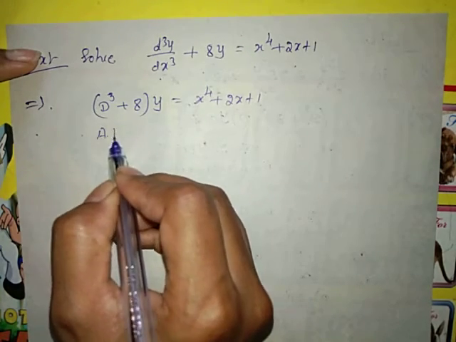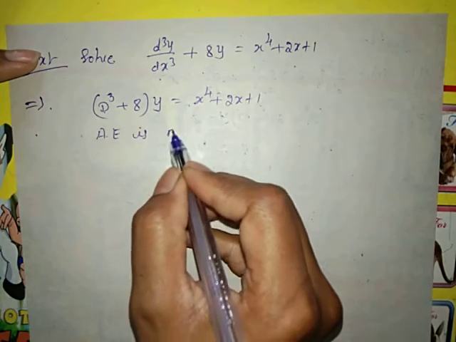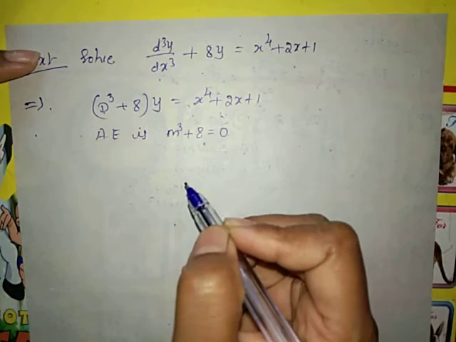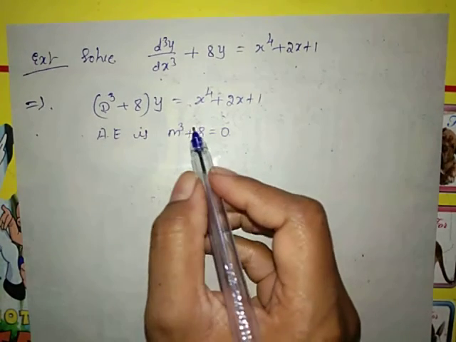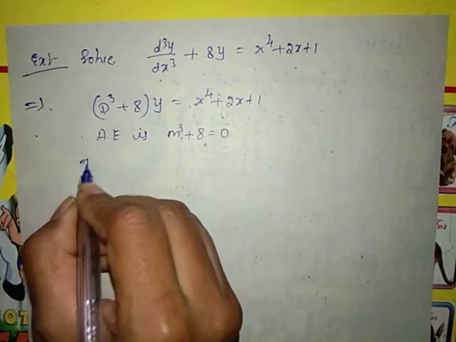So now our auxiliary equation is m cube plus 8 equal to 0. Now here it is a cubic equation, so go for the inspection method.